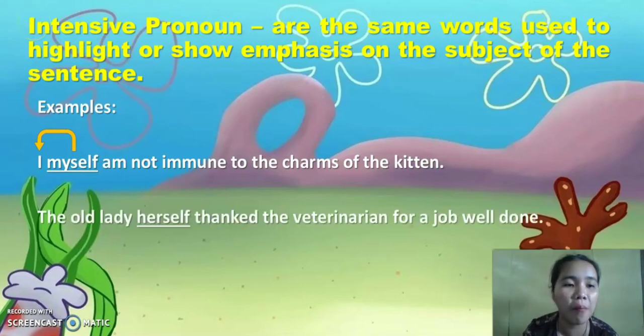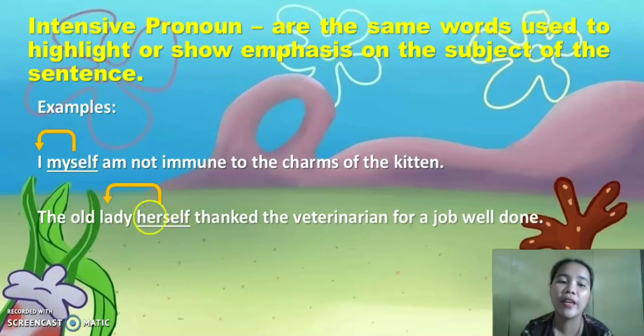So another example. The old lady herself thanked the veterinarian for a job well done. So the intensive pronoun here is herself, and this is referring to the antecedent lady. So again, it is right next after to the antecedent, ang intensive pronoun.